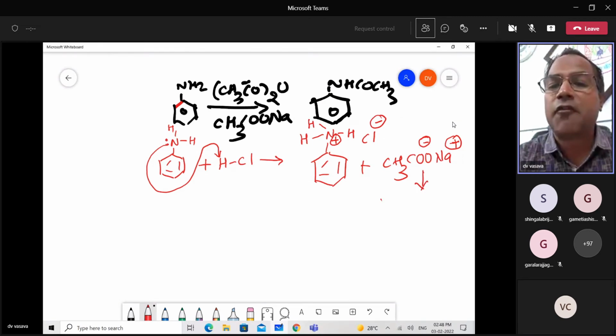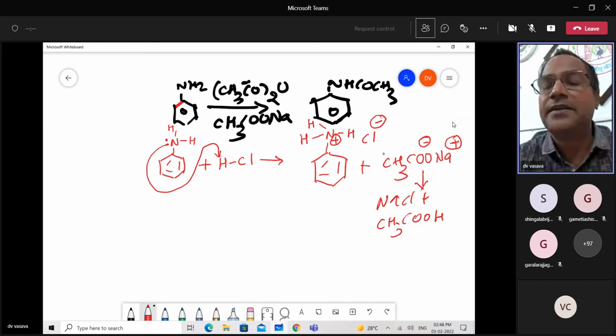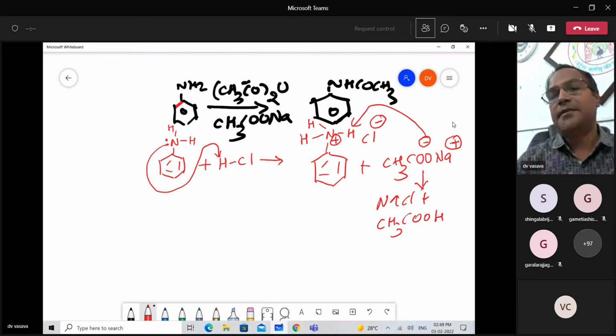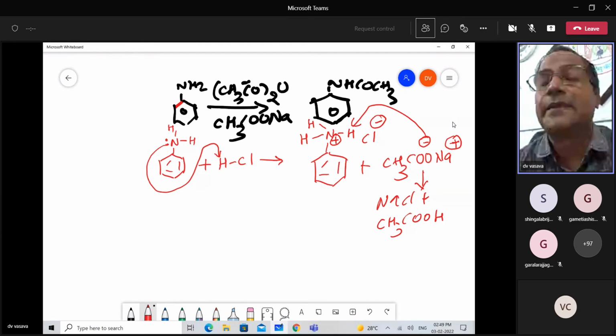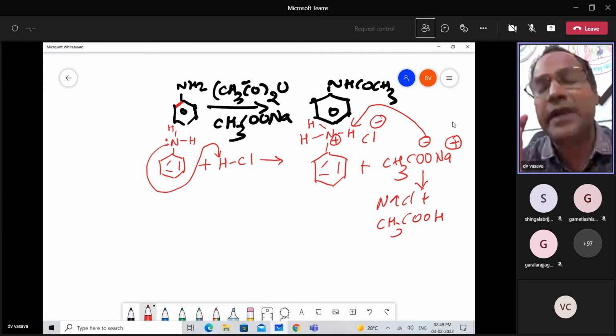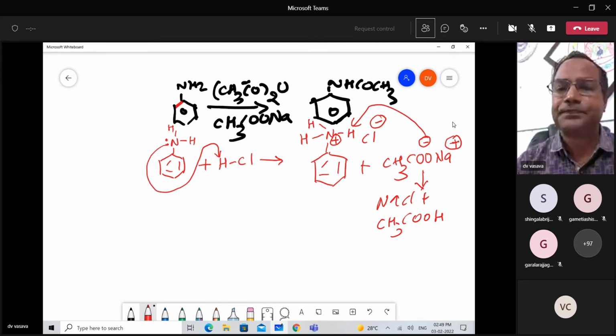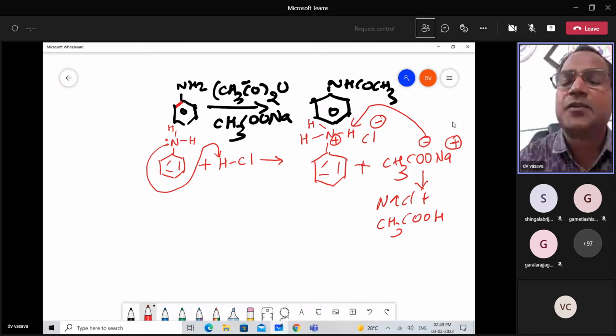What it is going to form is NaCl plus CH3COOH, because this H will be abstracted by the acetate ion. So that is why you can say the buffer solution is what? Acid and salt of that acid. So acetic acid plus sodium acetate, that is the buffer solution. That is why the sodium acetate is also utilized.